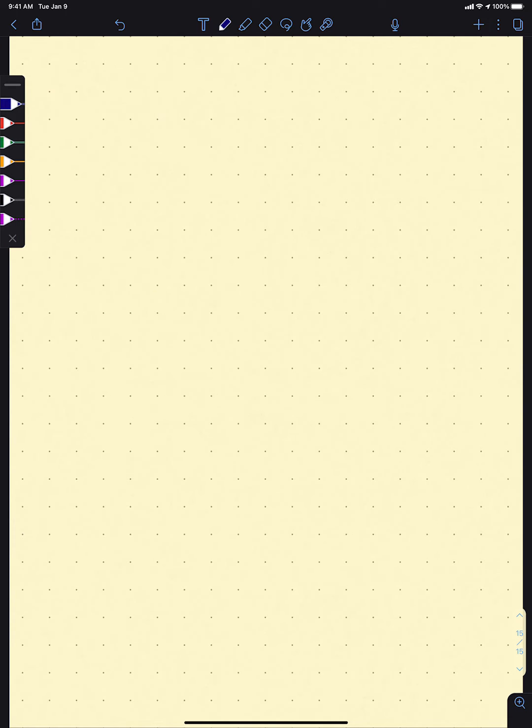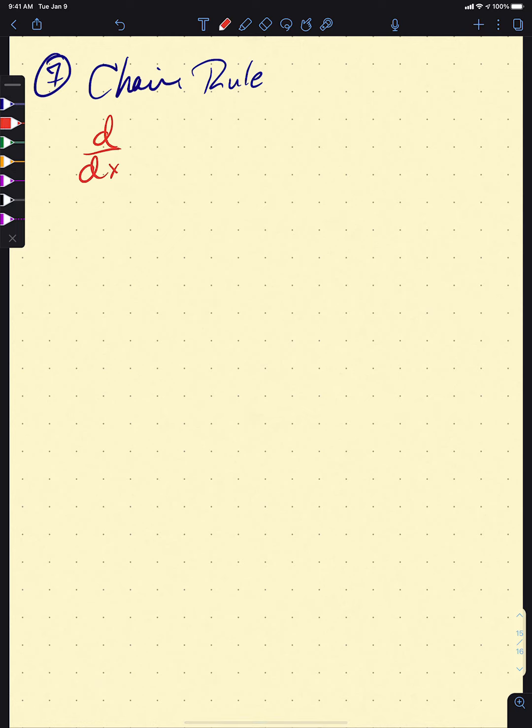Okay, stating this a little bit more formally, it's a thing called the chain rule. Okay, and here's how the chain rule looks. We're taking the derivative of g of f of x.